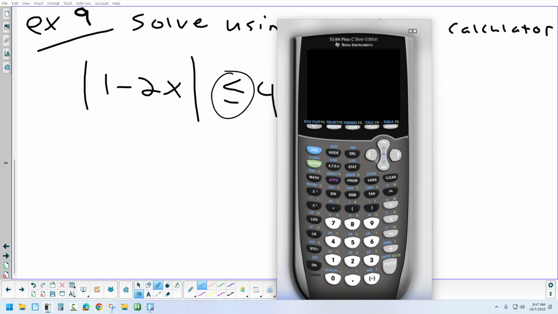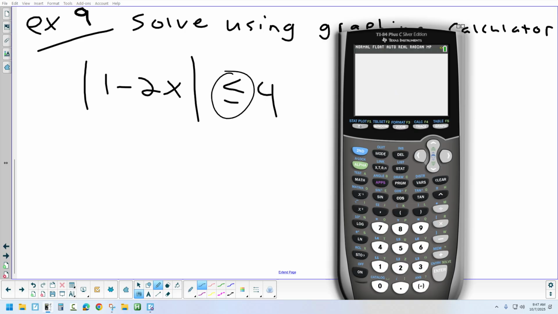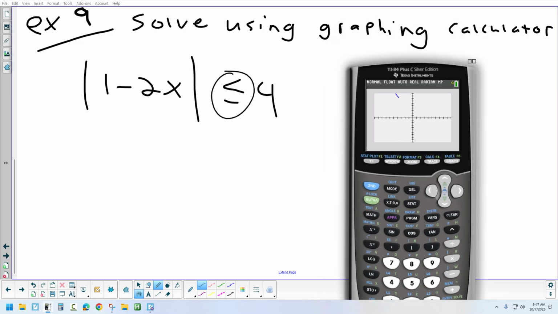Well, the quickest way to see it is just looking at a picture. An absolute value is always a V shape. That's what it looks like. And 4 is going to be a horizontal line. So I'm either looking where I'm above or I'm below the horizontal line.